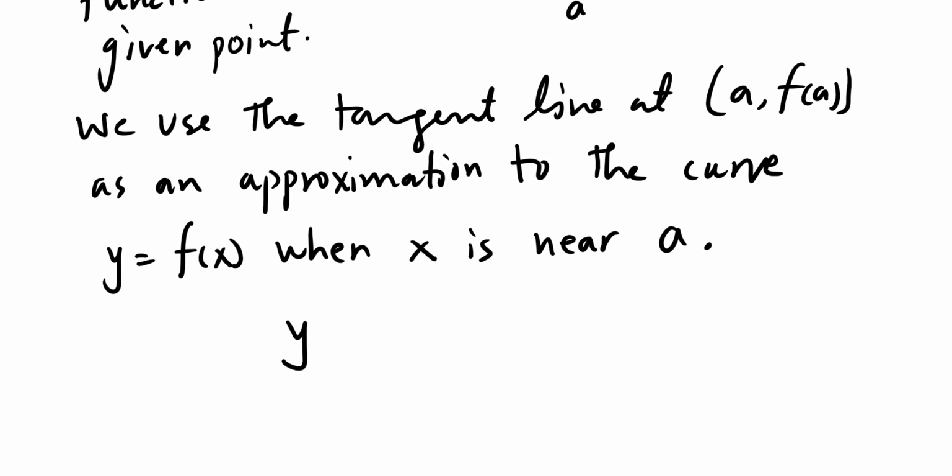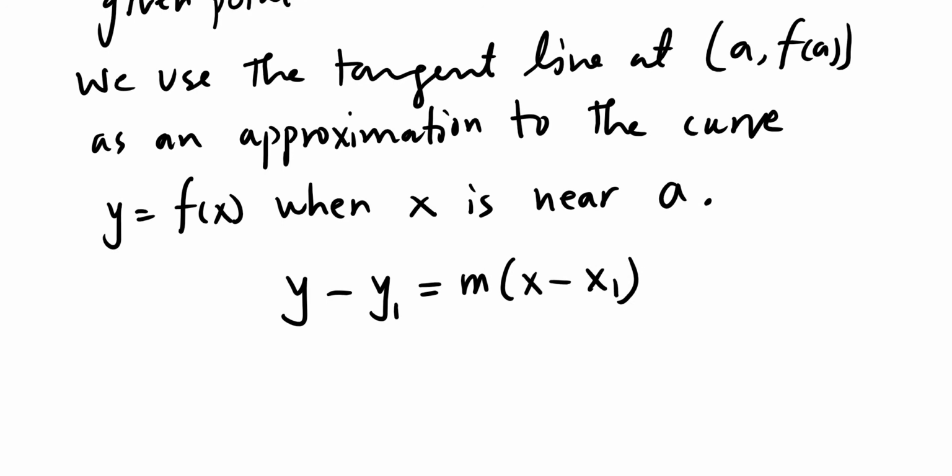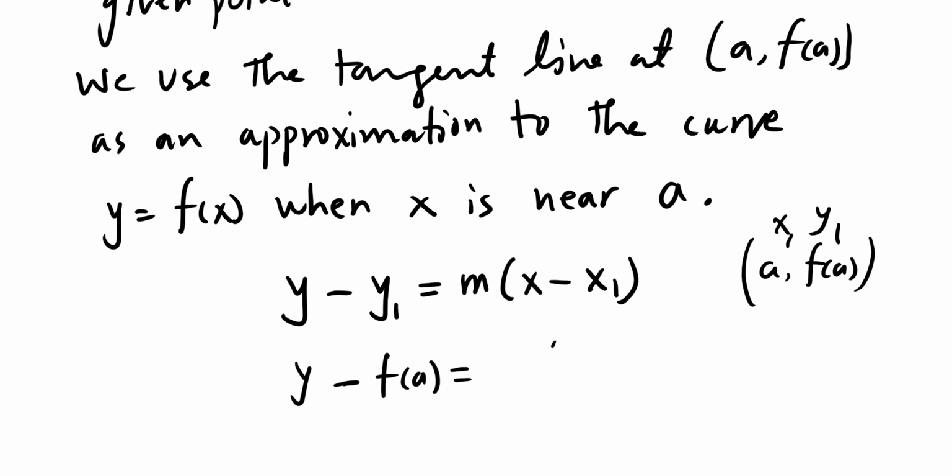Recall from before, the equation of the straight line is given by y minus y1 equals slope times x minus x1. And this point that we have, a comma f of a, this is x1, y1. So y minus f of a equals the slope times x minus a. And we defined before the slope of the tangent line is the derivative of the function at x equals a.